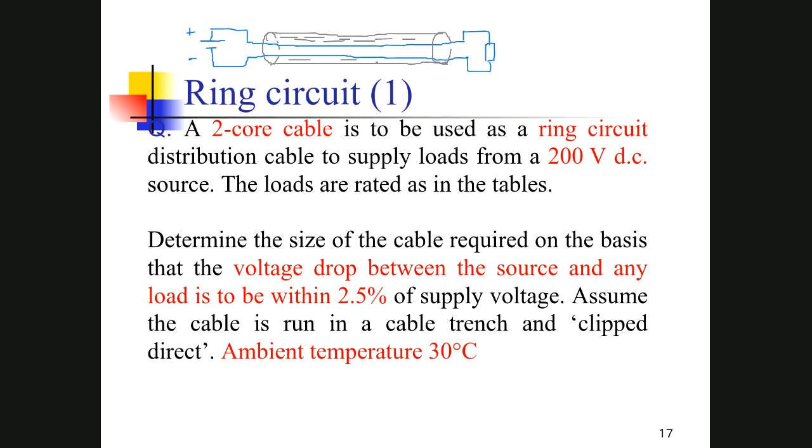Suppose the source has a voltage E. Then at the load, it has the voltage V. The conductor has a resistance.